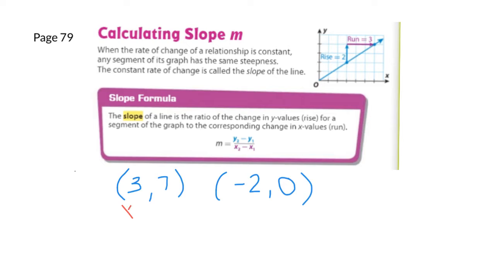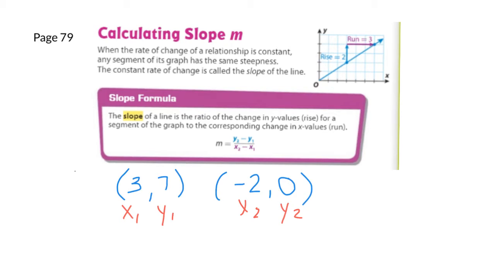So I'm going to call this one x1, y1. That's the first point, so that's the first x and the first y. This is the second point, I'll call this x2 and y2. And by labeling them, I know where to put them in to the formula. Keep in mind you're finding the difference of these, how far apart they are, so you'll be using subtraction.